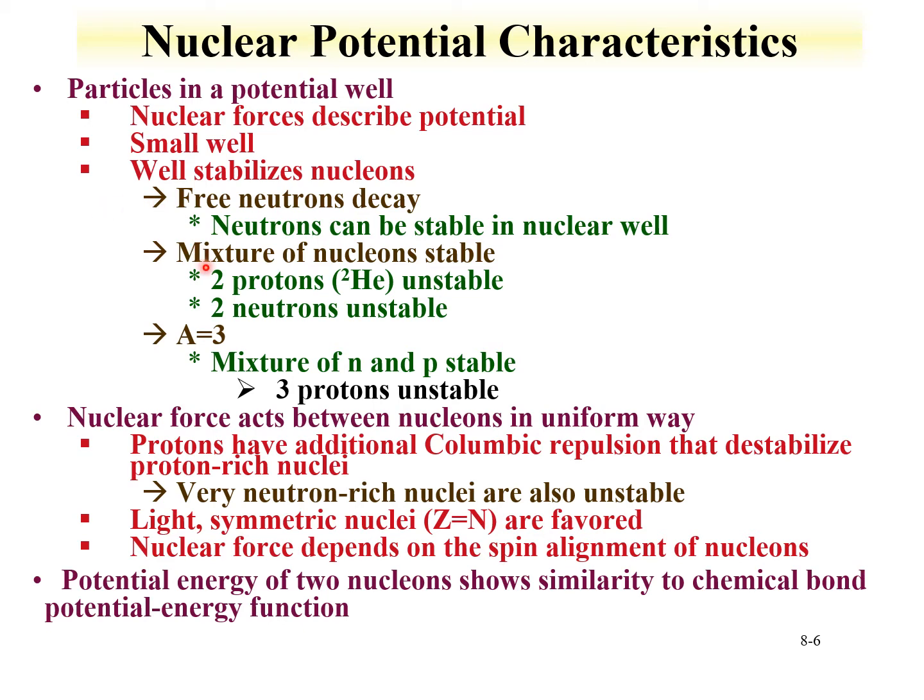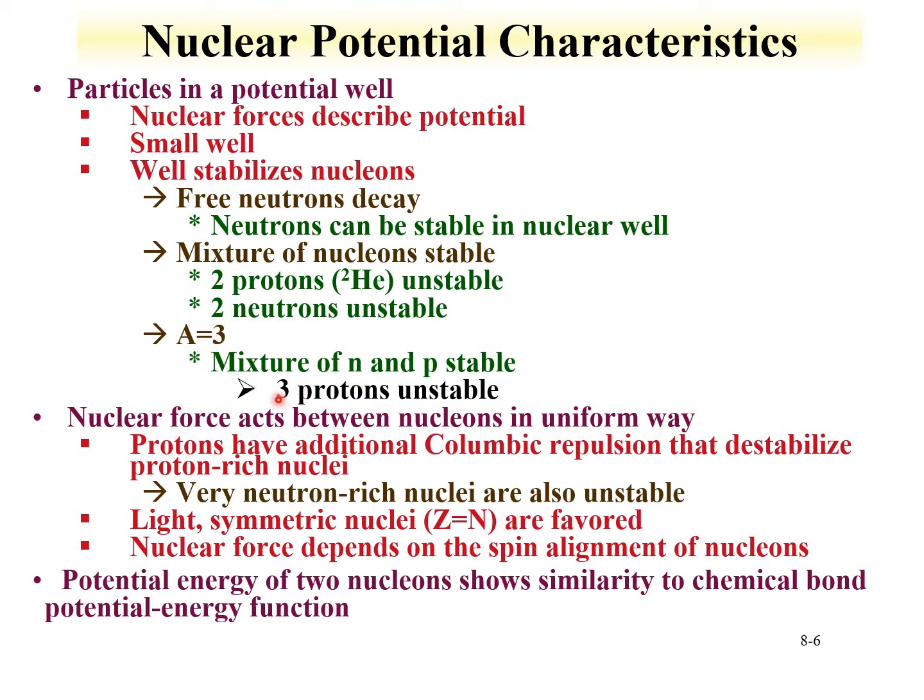Also, the way I mix nucleons can be stable. For instance, if I have two protons, that's helium-2, that's an unstable nucleus. Two neutrons is unstable. But if I have a proton and a neutron together, that's deuterium, that's a stable nucleus. And I can also imagine that with A of 3, I can get mixtures of protons and neutrons that are stable.